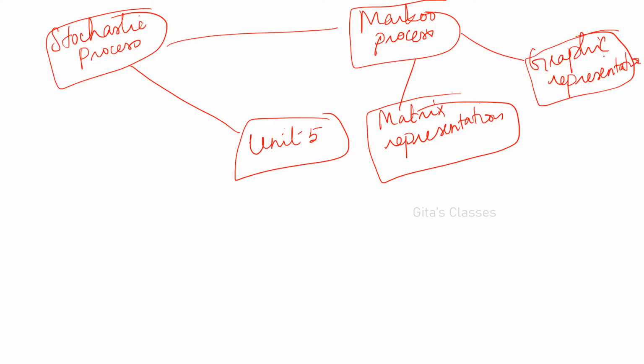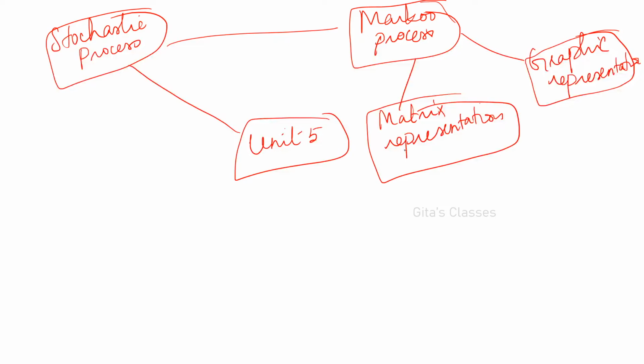If you want to analyze the states of the process, then graphic representation will be useful. And if you want to do some algebraic calculations, matrix representation will be useful, like the one-step, two-step probabilities, all those matrices. Both are useful, okay?